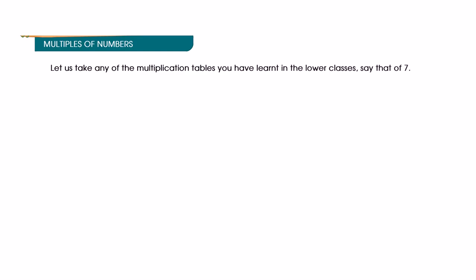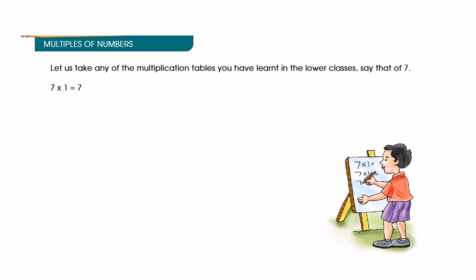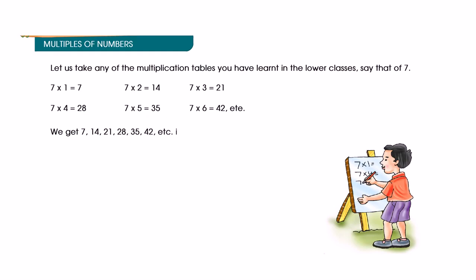Say that of 7. 7 ones are 7. 7 twos are 14. 7 threes are 21. 7 fours are 28. 7 fives are 35. 7 sixes are 42, etc. We get 7, 14, 21, 28, 35, 42, etc. If we multiply 7 respectively by 1, 2, 3, 4, 5, 6, etc.